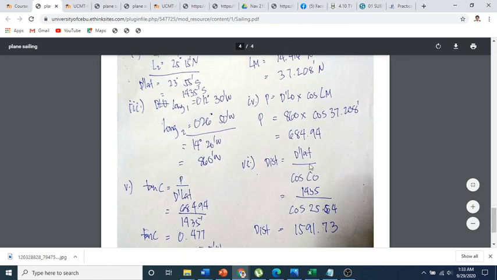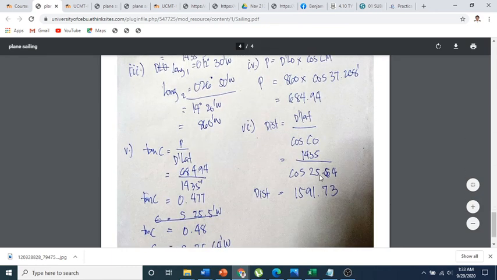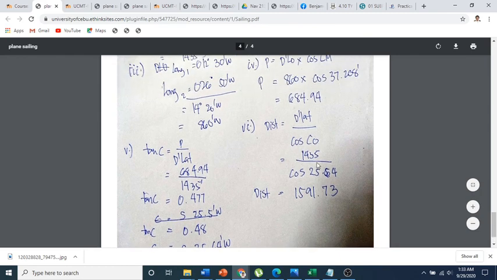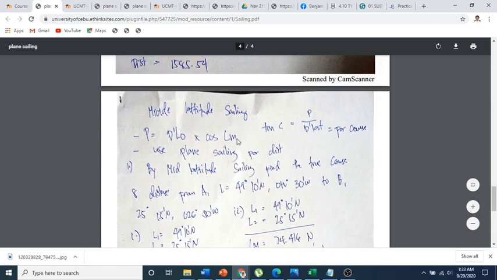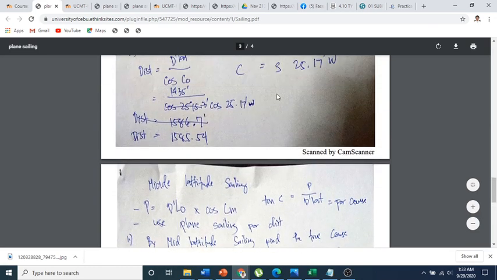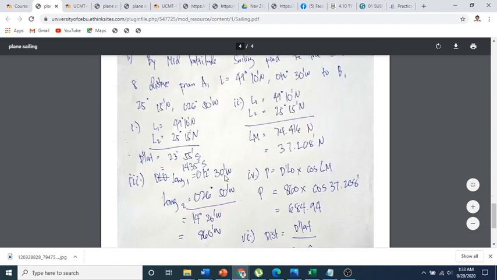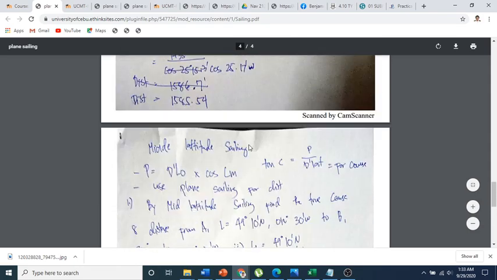So d lat over cosine course, substitution, we use this because we use mid lat. So the answer is 1591. So almost the same. Again, this mid-latitude is just an alternative to Mercator sailing. That's why the difference in the answer is almost negligible.